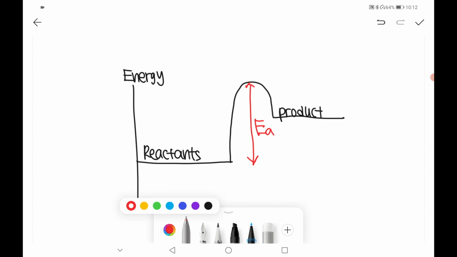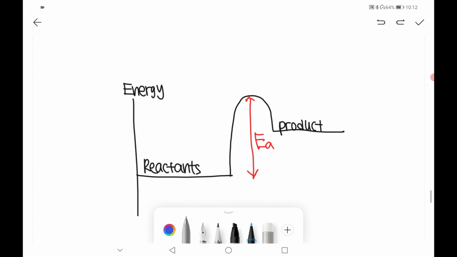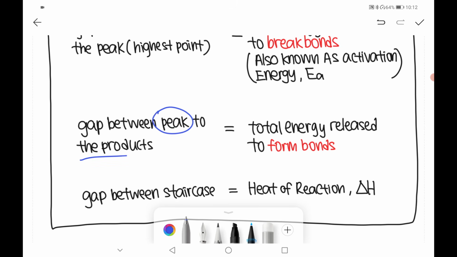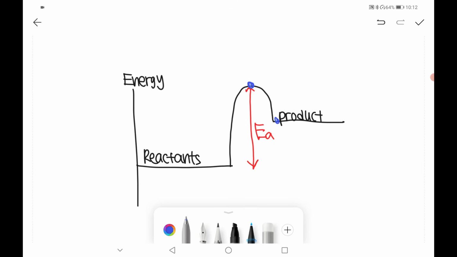From here to here, this is the energy that we need to break the bond. Next, the gap between the peak and the product is the total energy released to form the bond. You see this is the peak and this is the product. So this gap here is the total energy released to form the product.